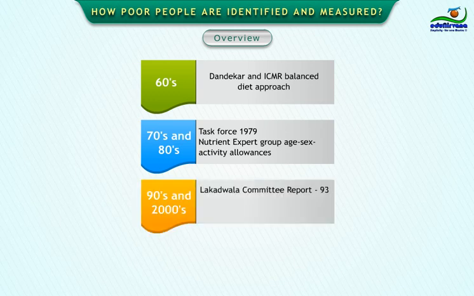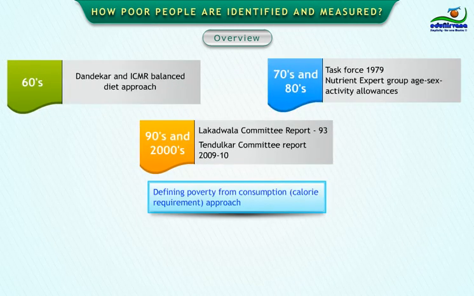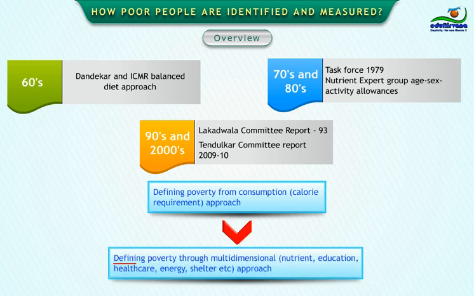In the 90s and 2000s, by the Lakdawala Committee Report 1993 and the Tendulkar Committee Report 2009-2010. Gradually, we have moved from defining poverty from a consumption approach, that is calorie requirement, to a multidimensional approach, that is based on nutrition, education, healthcare, energy, shelter, etc.